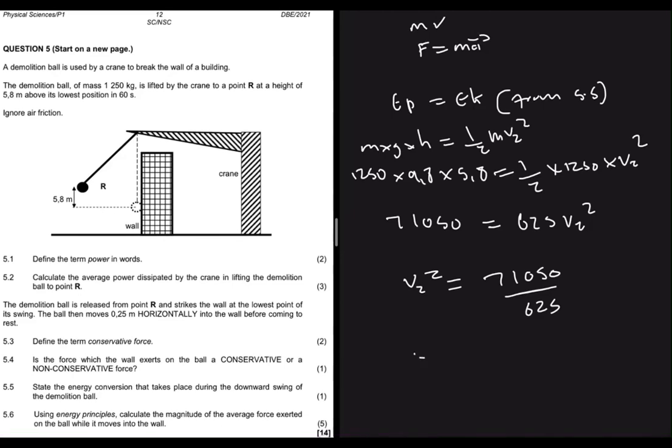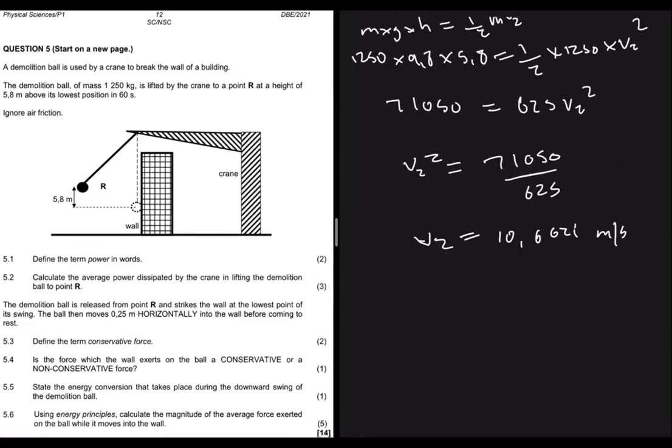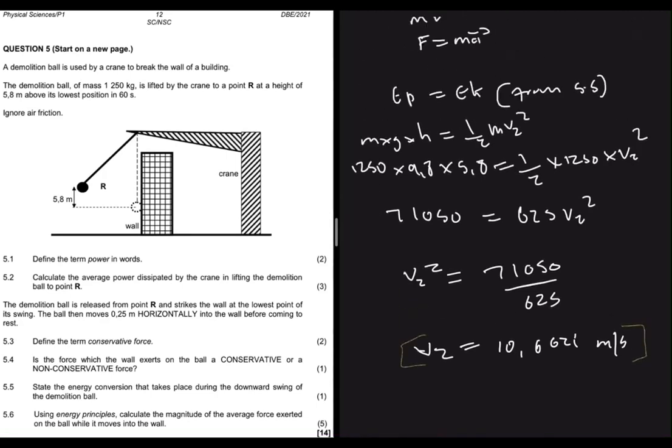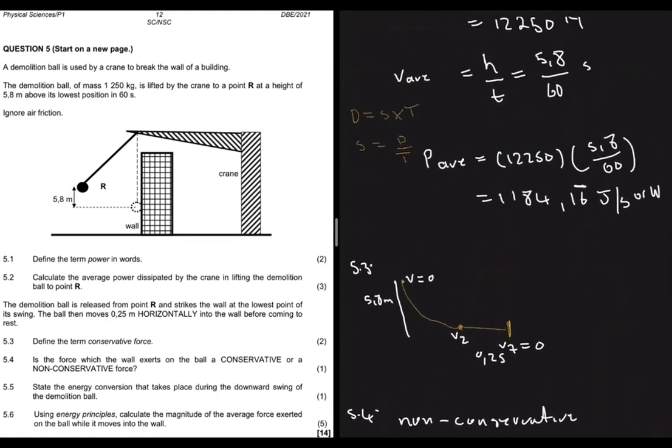I'll get v2 equals, let me put that in the calculator, 71,050 divided by 625, that is 10.6621 meters per second. And then I'm gonna use these to find the acceleration for the horizontal movement here.